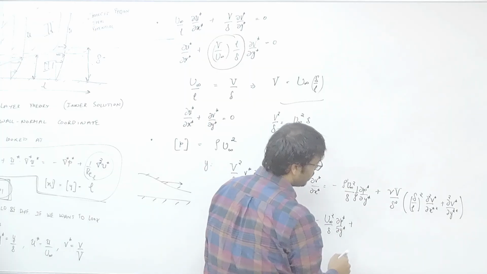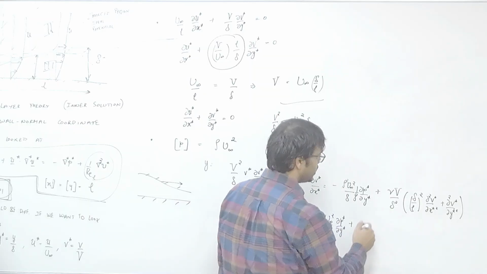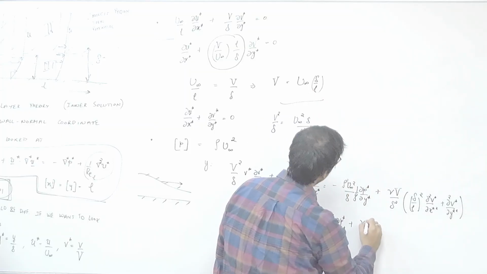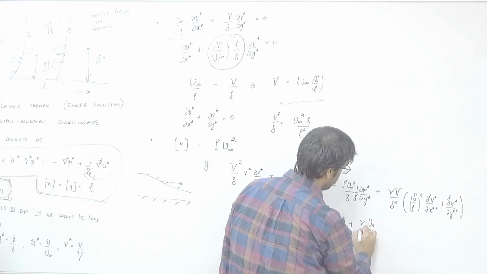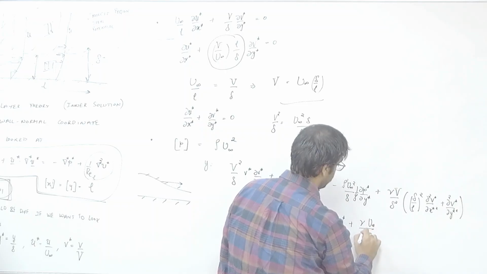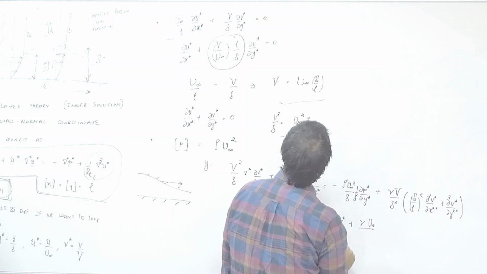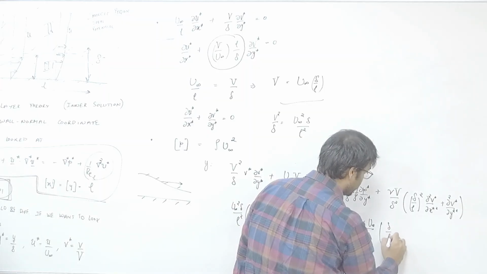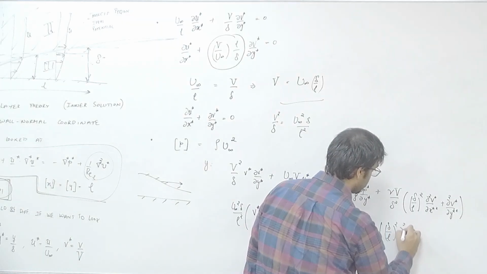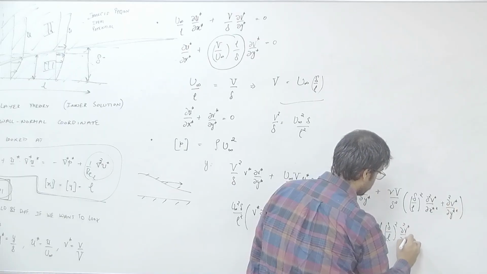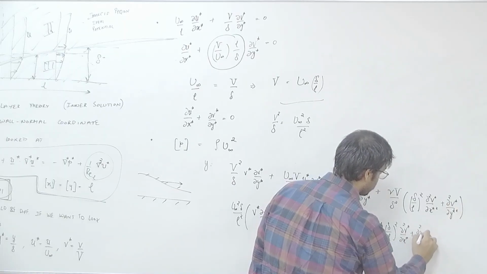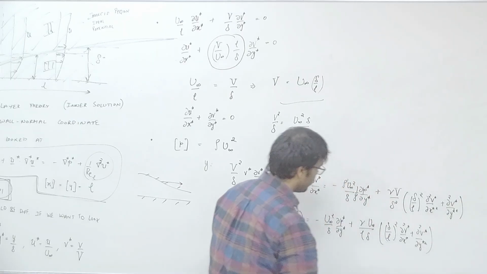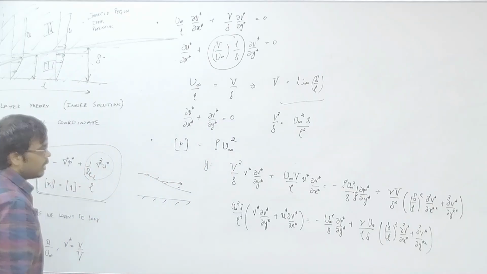And then what do we have here? Let's keep the same thing. We'll substitute for V: nu U infinity by L into delta. Now we have delta over L whole squared. Okay.